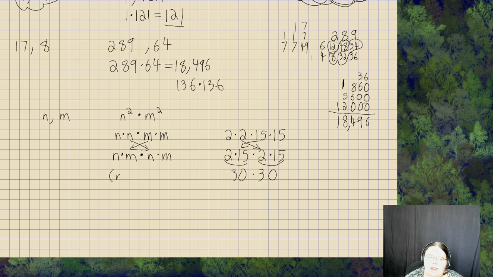But that just says that what we've got here is n times m times n times m, which is just n times m squared. I didn't write that over here, but that's the same as if I wrote that as 30 squared. But that's got to be a square number.